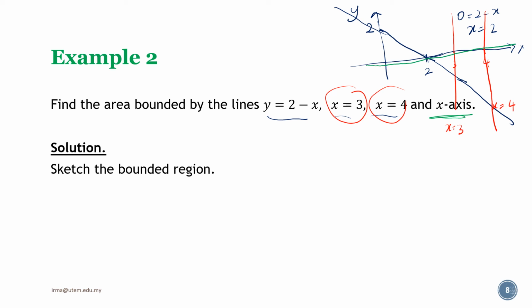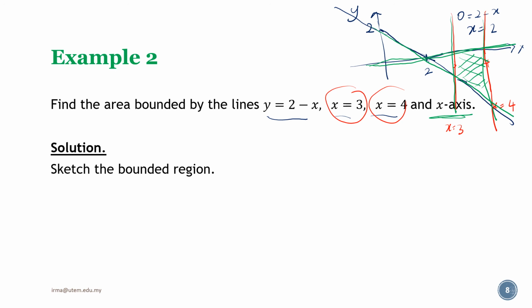So now the combination of the x-axis, the graph y equal to 2 minus x, x equal to 3 and x equal to 4 will be this. So this is the shaded region, or the area that we want to find.